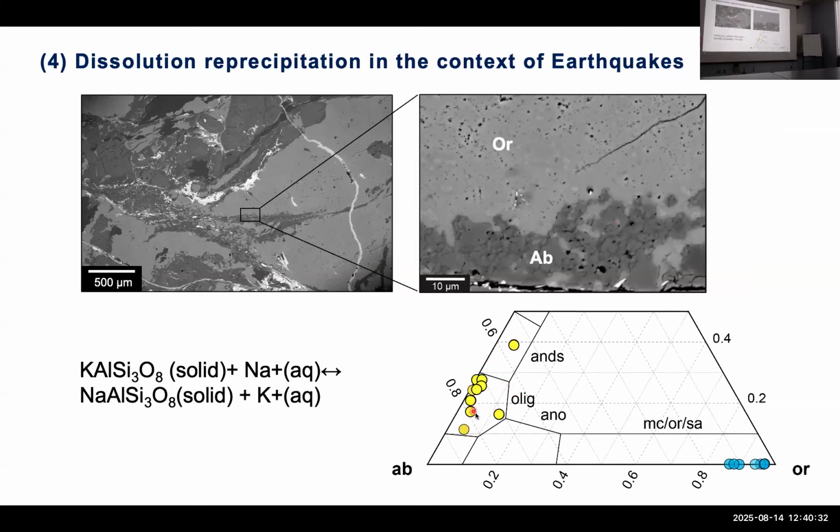And yes, we could confirm that they were in fact a different phase, maybe not specifically the albite composition, but slightly more calcium enriched. But what's important here is that the boundary between these two phases along the microfracture is a cuspate-lobate boundary. This is very typical and very indicative of dissolution reprecipitation. In this case, a more sodium, slightly calcium-enriched fluid would come in through the orthoclase crystal, dissolve the orthoclase and reprecipitate as albite.